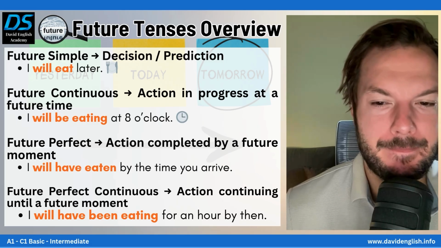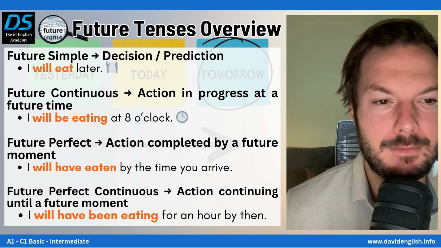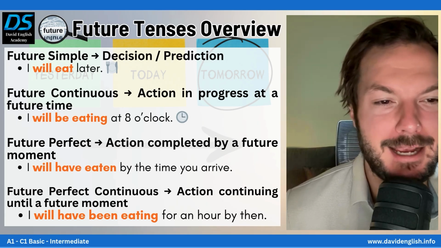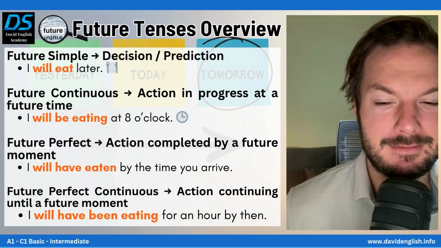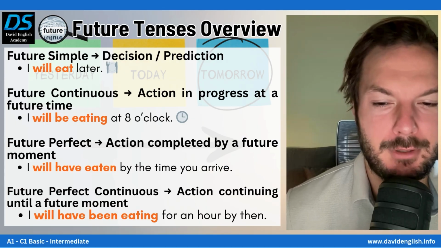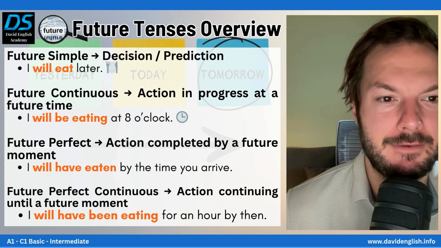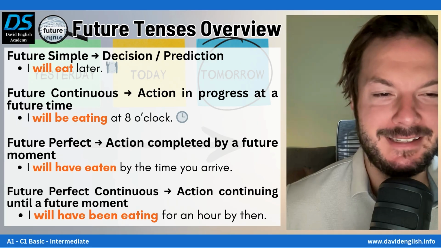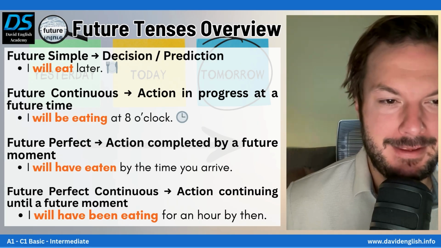Future perfect, action is completed by a future moment. I will have eaten by the time you arrive. And the last form is the future perfect continuous. It's an action continuing until a future moment. I will have been eating for an hour by then.